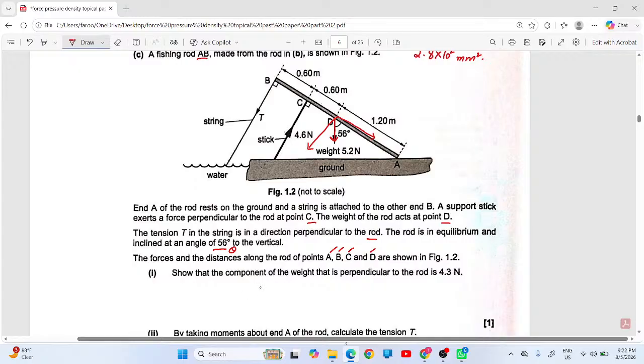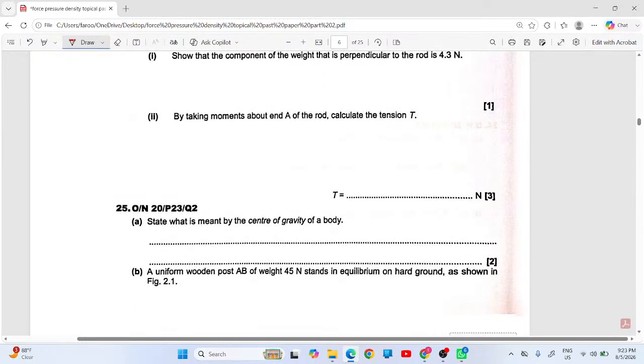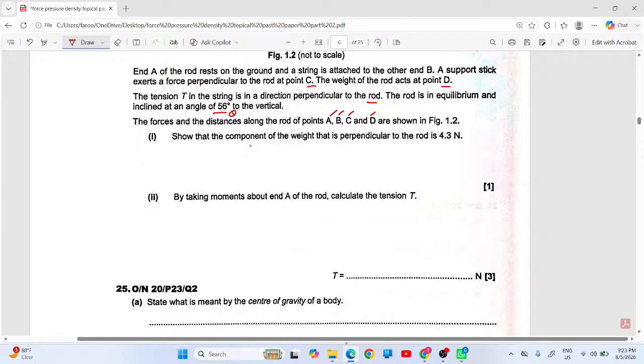So तो हम लिखेंगे the component of weight perpendicular to the rod is 5.2 sine 56. So 5.2 sine 56 is 4.3. So 4.3 Newton is the answer.